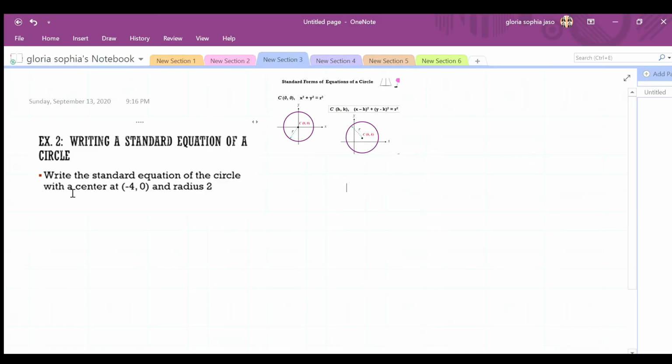For our example 2, write the standard equation of the circle with a center at -4, 0 and radius is 2. So, let's write the given first.